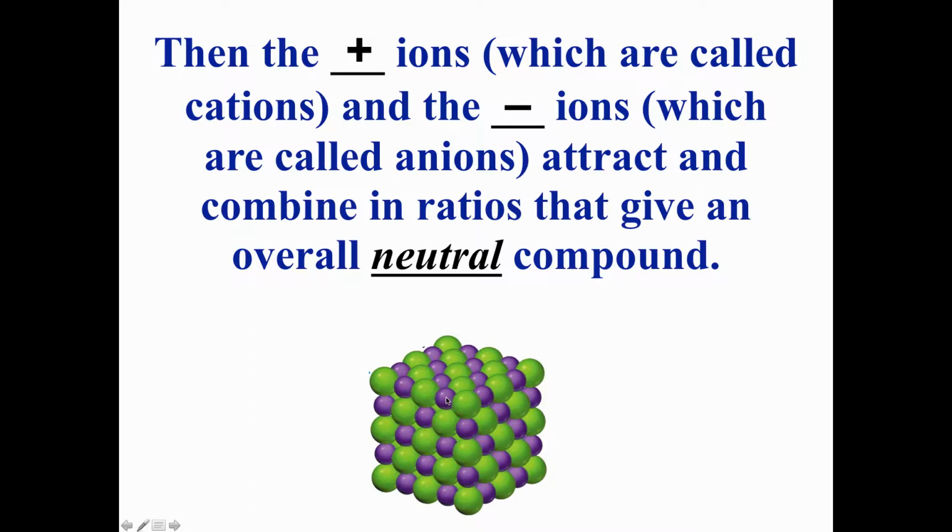Since sodium is +1 and chloride is -1, one of each gives an overall neutral charge, and this just repeats itself in all directions, so any sized crystal of sodium chloride will have equal numbers of the positively charged Na+ and the negatively charged Cl- ions.